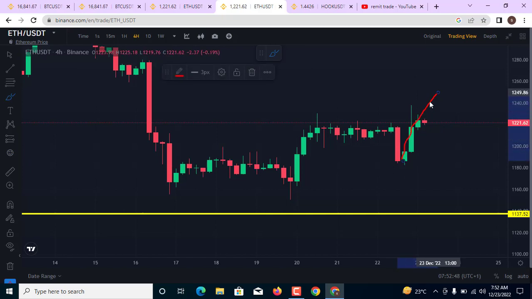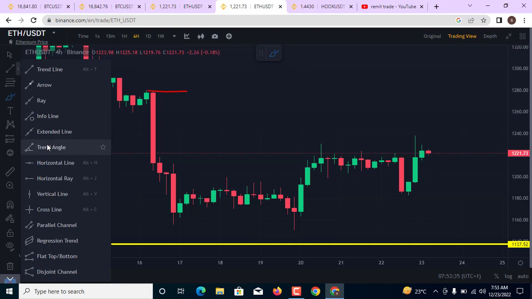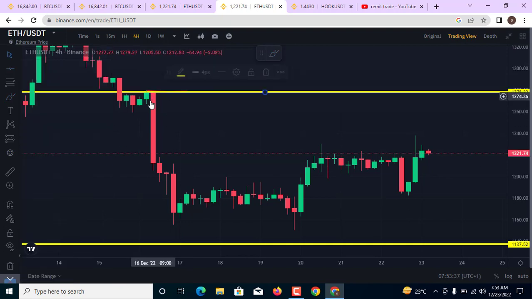I am expecting the market to still push a little bit to the upside, but not above this area of resistance, because from here the market dumped to the downside and this is a very sluggish move to the upside. There is not enough momentum in the bulls right now, so I'm not expecting any aggressive move to the upside. The market is going to go back up slightly and then to this area of resistance, where we're going to see the market resisted.